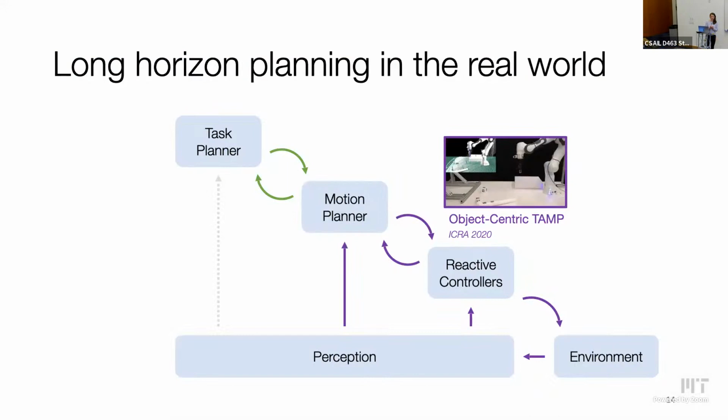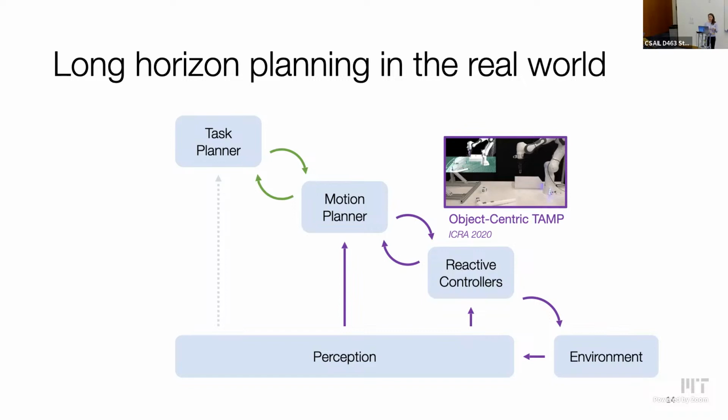Okay, so now we can get around the computational cost of TAMP and apply it to dynamic and real-world environments. But with these relative pose variables, it can still take anywhere from a second to a minute to come up with the first TAMP plan. But once we have this initial plan, we can hand it over to reactive controllers, which will respond to small changes in the environment in real time.